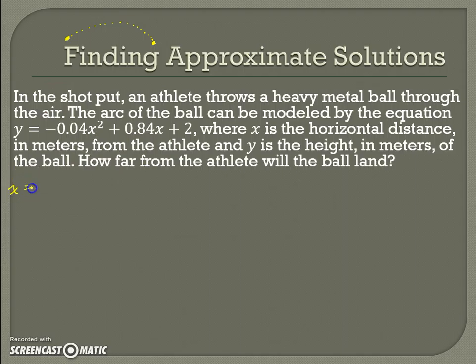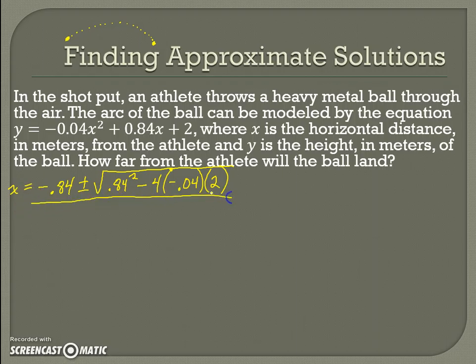So I get x equals negative 0.84 plus minus the square root of 0.84 squared minus 4 times negative 4/100 times 2. This is why I'm so glad I live in the calculator age.